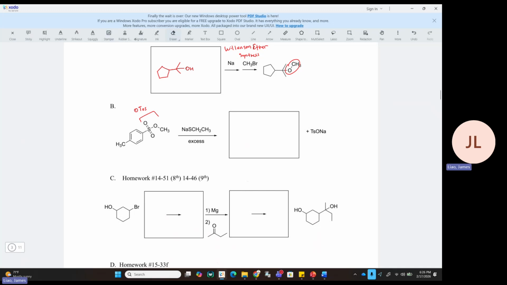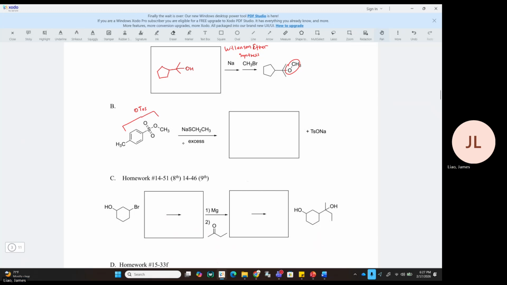The tosylate is part of the leaving group. So my bad. This is probably this stuff right here. Oh wait, no, it is. Sorry for the confusion. This is what's supposed to be. It's a really good leaving group. This is a sulfur, so that's why it's called OTos, or tosylate.